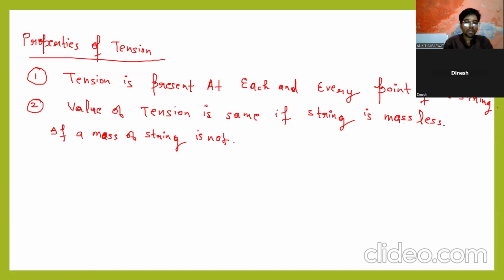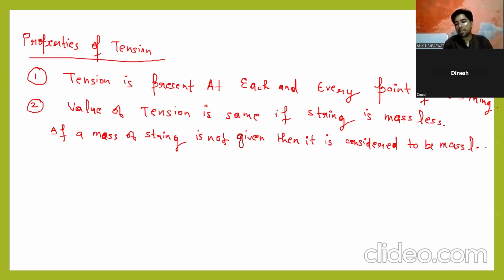If the mass of a string is not given, you can write: if the mass of a string is not given, then it is considered to be massless. Massless means very light and inextensible string. Massless means very light string.